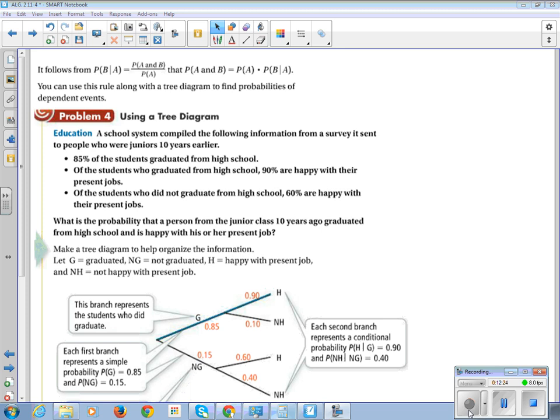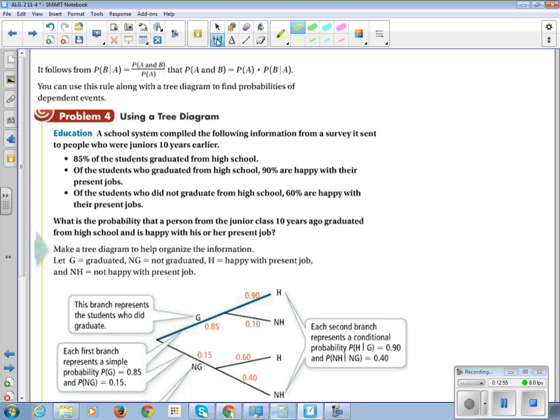All right, so it follows from the probability of B given A equal to the probability of A and B divided by the probability of A, that the probability of A and B is equal to the probability of A times the probability of B given A. Because you can work your way backwards out of this if you multiply both sides by the probability of A. You get this equation.